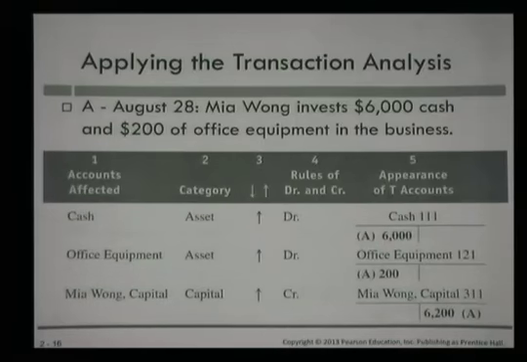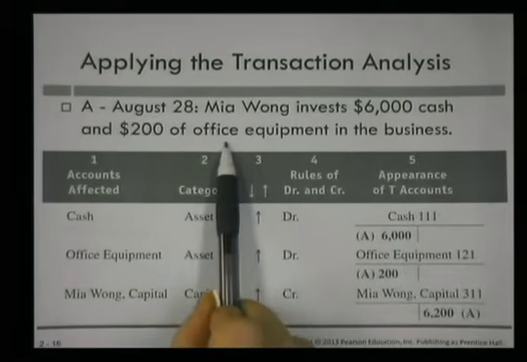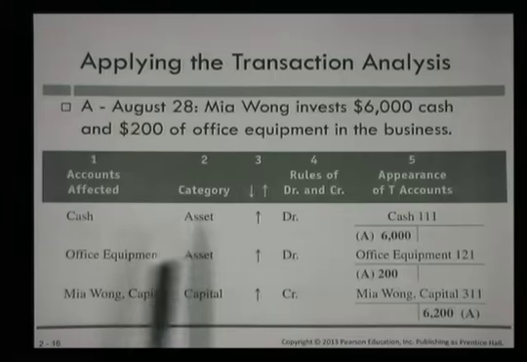As I read that, I see she's put in cash, office equipment, and then since she's investing it, it would be the capital account. Step 2, what category? Cash is an asset, office equipment is an asset, and Mia Wong Capital is a capital account.